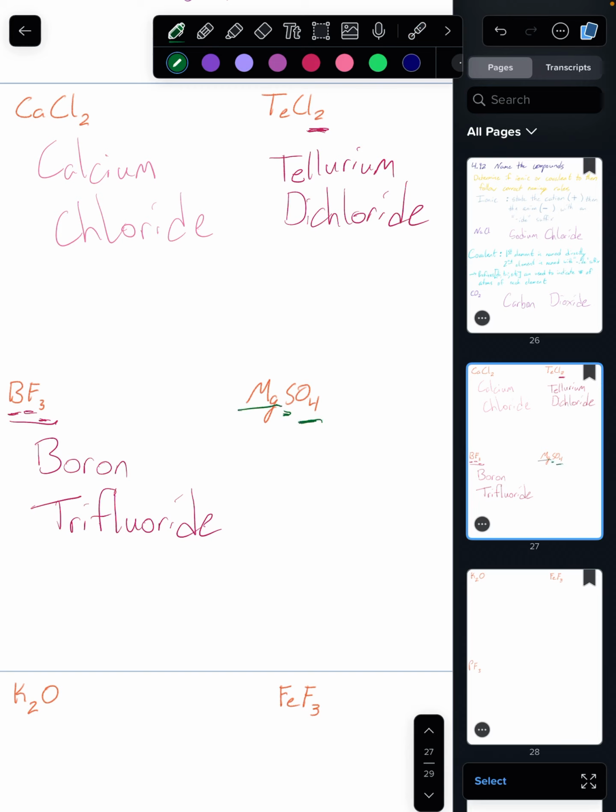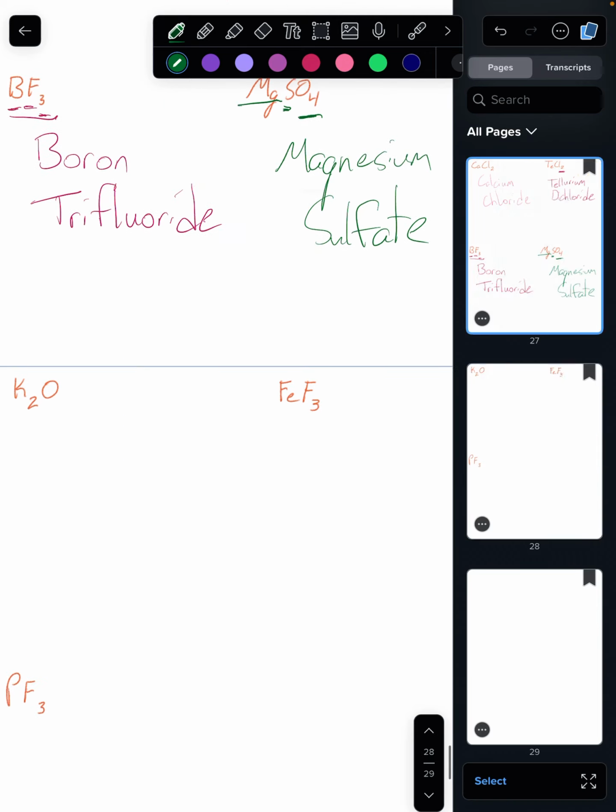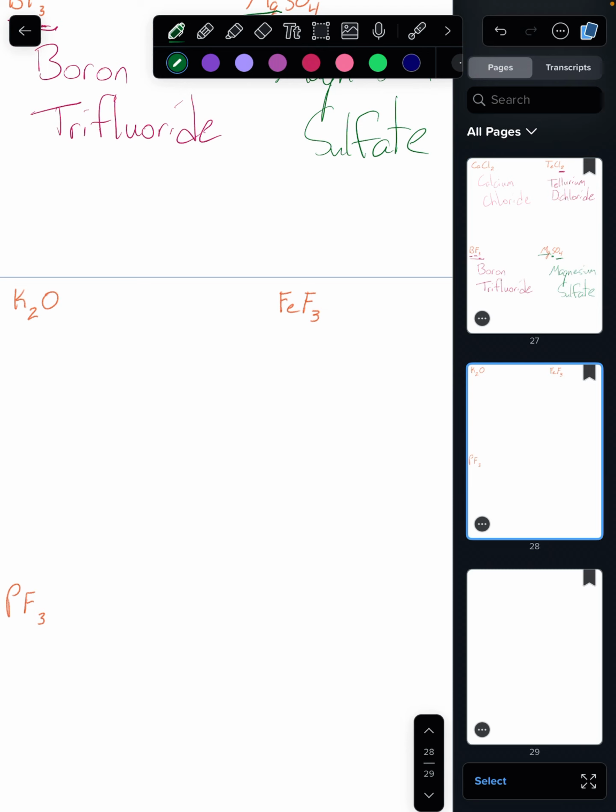Let's see, it has 1, 2, 3. Okay? This one you kind of just have to memorize as magnesium sulfate. Okay? These next 3 will follow it. Okay?